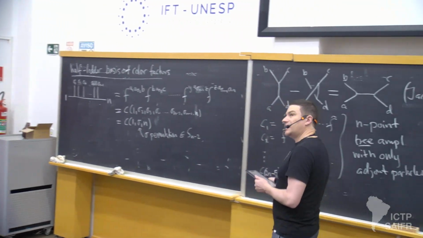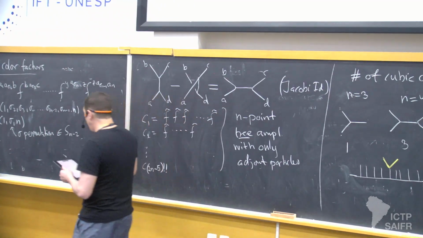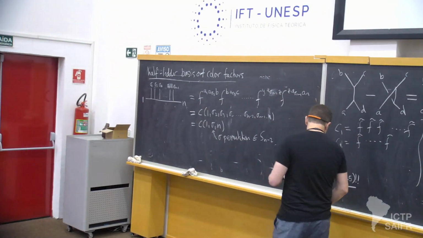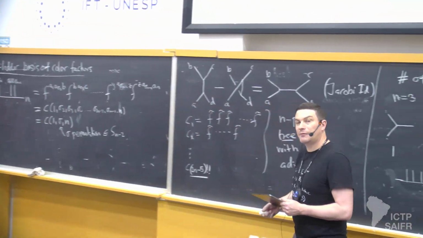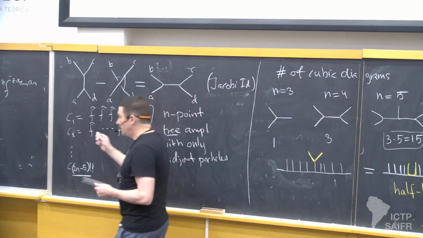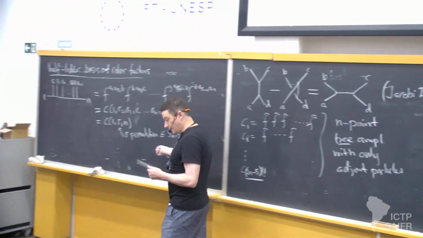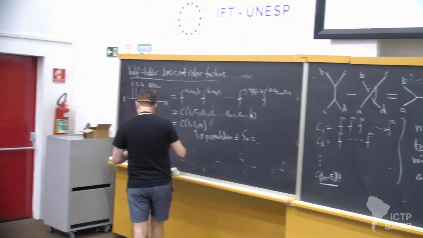Okay, so that kind of answers the question of how many color factors there really are. There are not actually 2n minus 5 double factorial because they're related, but there are as many as there are permutations in this permutation group.